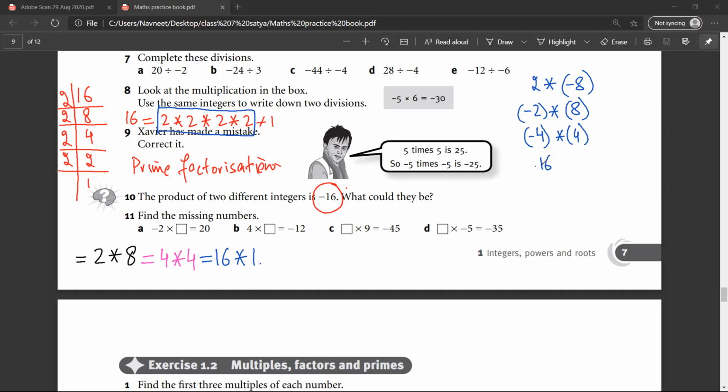I can have minus 16 into 1. I can have 16 into minus 1. Satya, have you understood? Yes, sir. So what I'm trying to tell you is that with the help of prime factorization, you can make a lot of multiples.